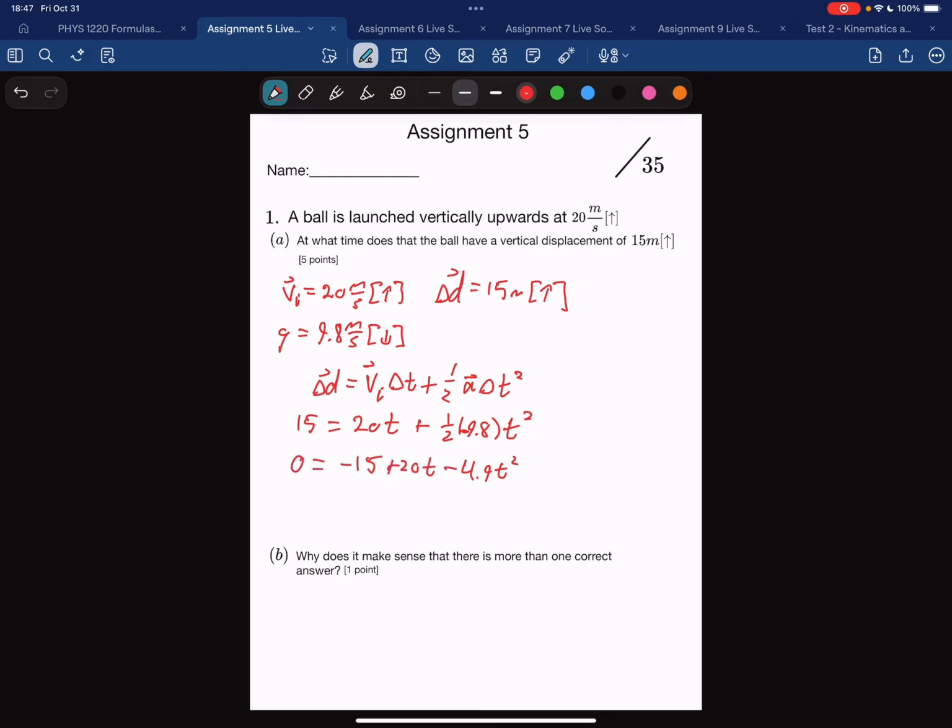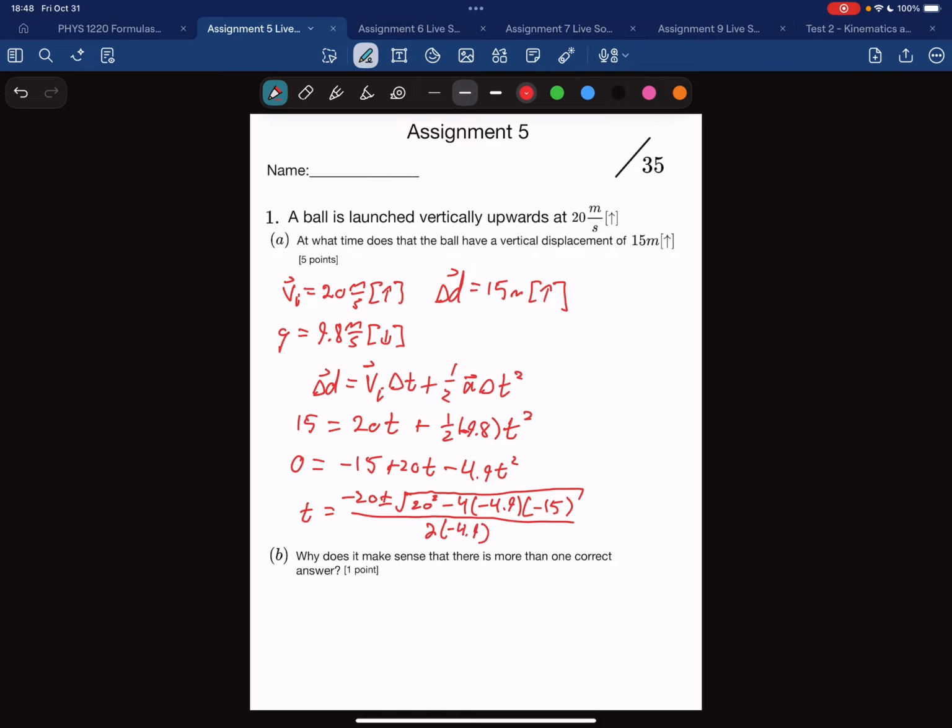Here we have a quadratic. We are looking to solve it now. So we're going to have t equals negative 20 plus or minus the square root of 20 squared minus 4 times negative 4.9 times negative 15, all over 2 times negative 4.9.